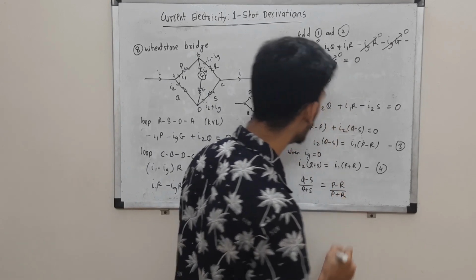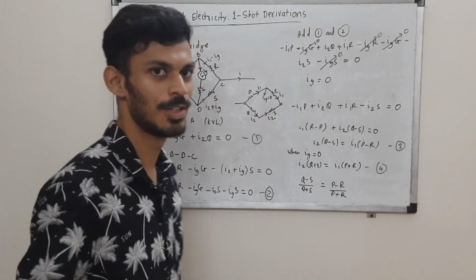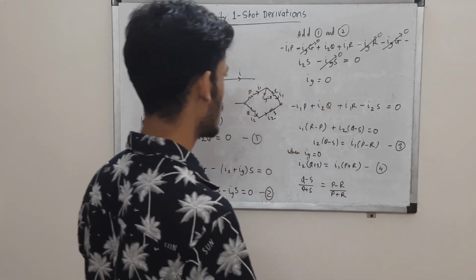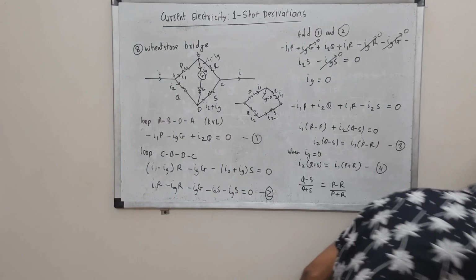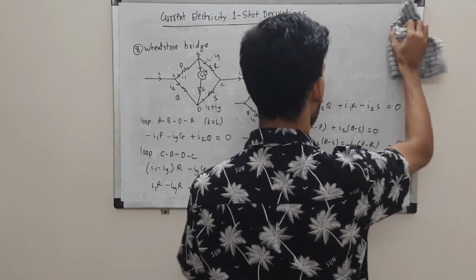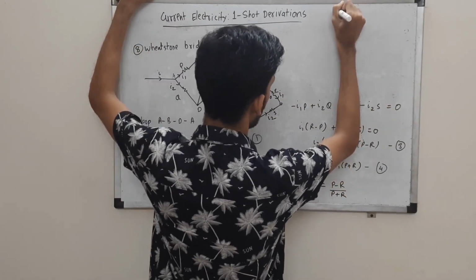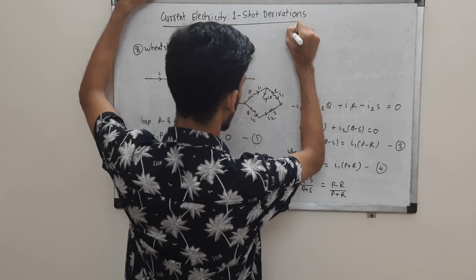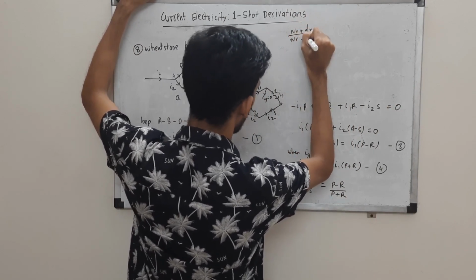Now you can use your componendo and dividendo rule, which you might have learned in your lower classes. You can note this down. I'm going to erase a certain part. So this is the expression that we obtain. This is a long derivation. Basically, if you have numerator upon denominator, you can write numerator plus denominator upon numerator minus denominator.